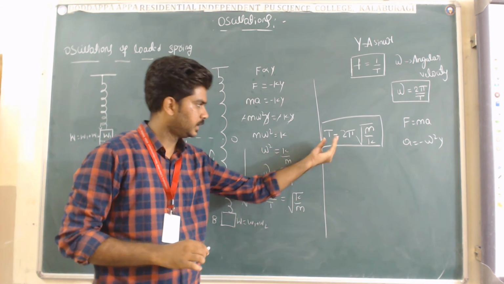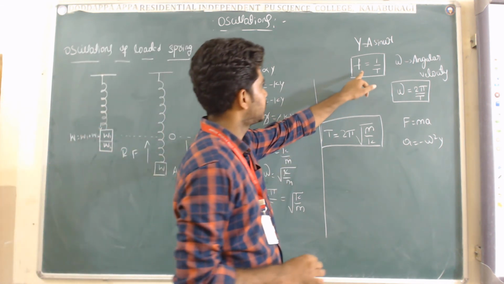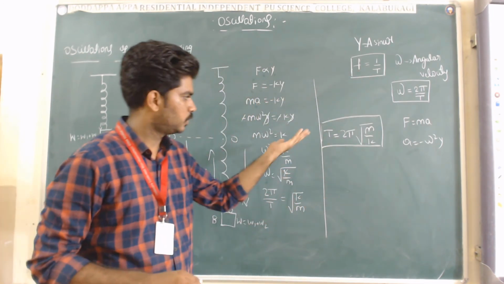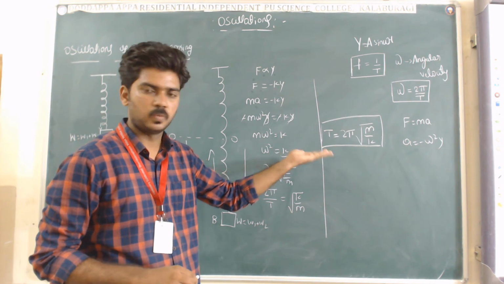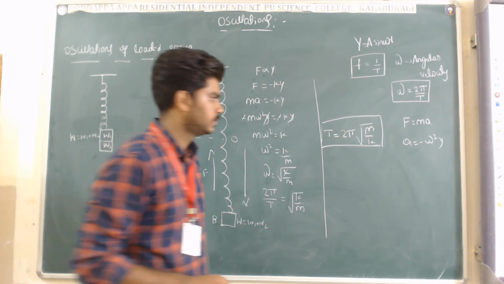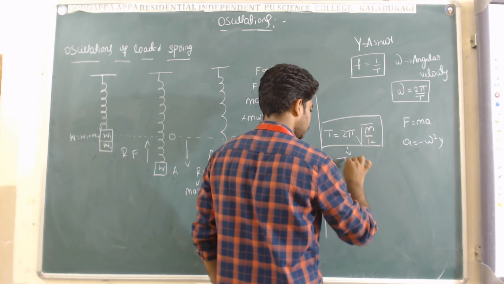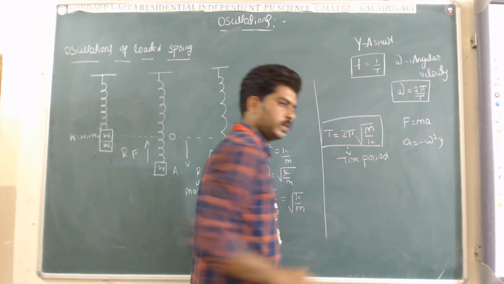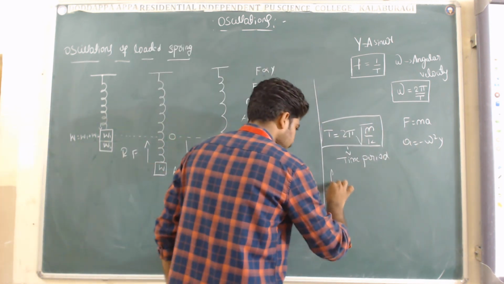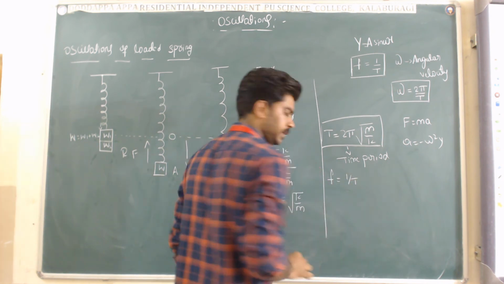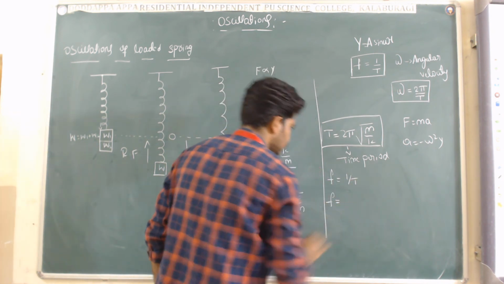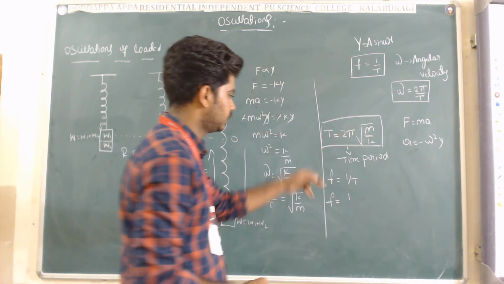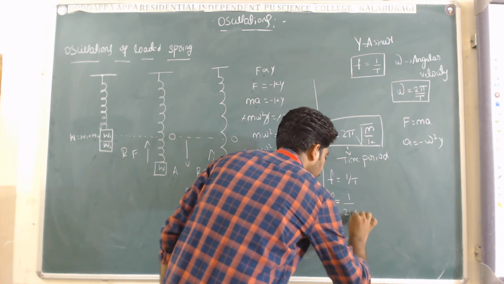If you need to get the frequency, look at the relation between frequency and time period. We have f equals 1 by T. So f is 1 divided by this expression for the time period. So 1 divided by 2 pi under root m by k.